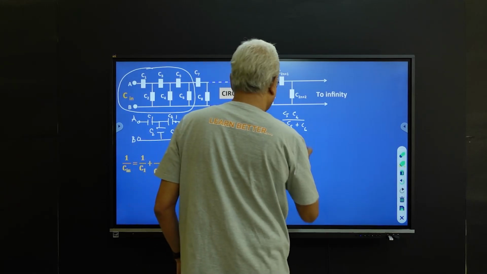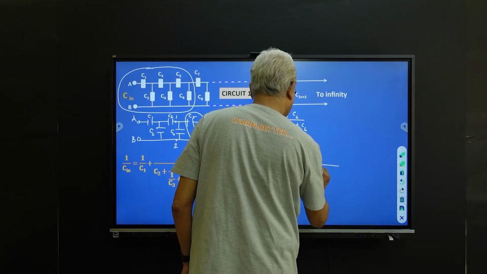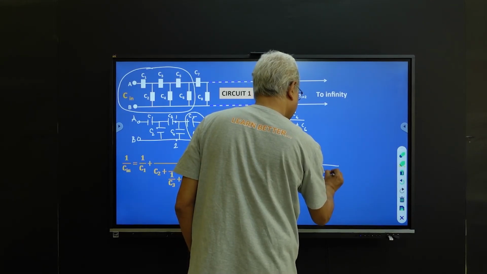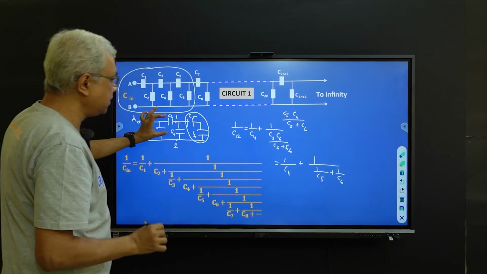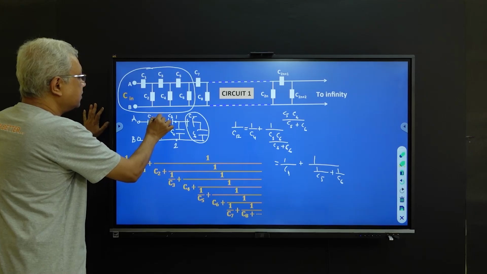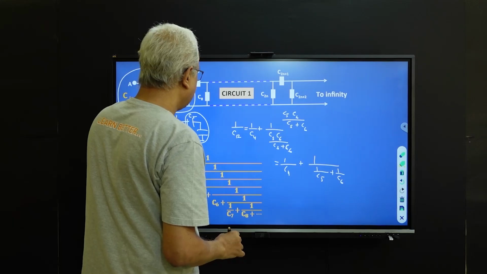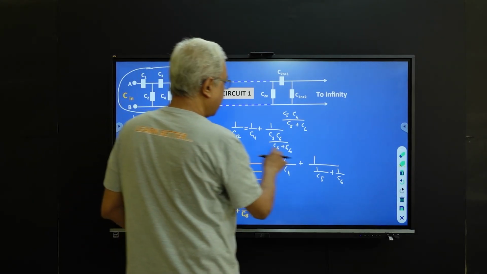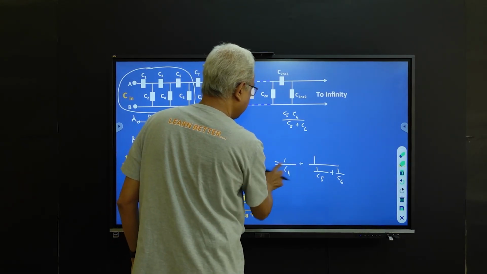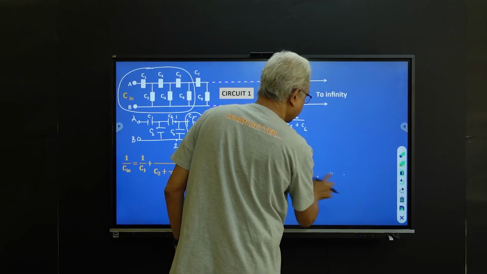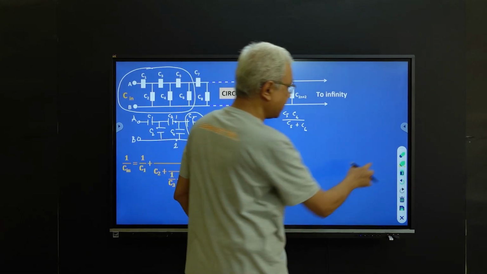Sorry, I made a mistake over there. C5 and C6 are in series. Therefore, the equivalent capacitance of C5 and C6 is this much.